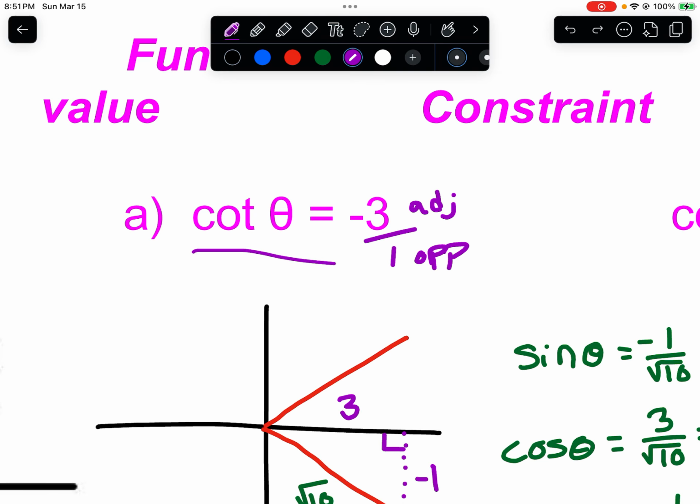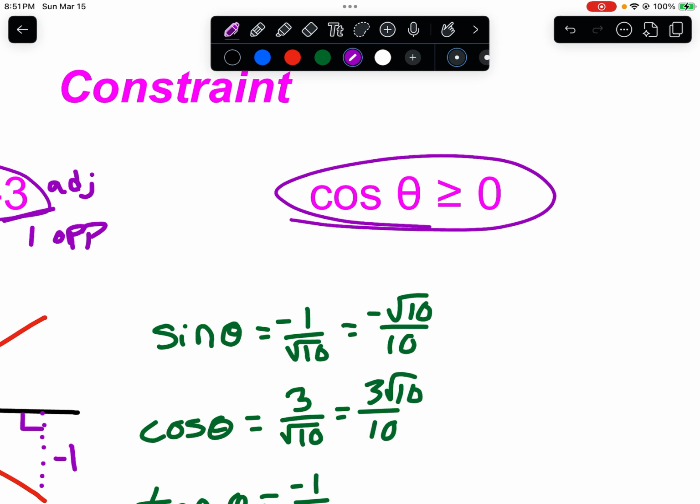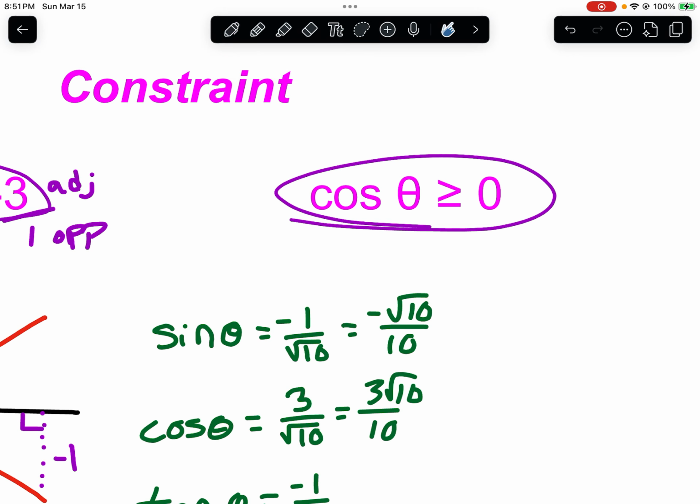So here, we're given that cotangent of theta is equal to -3. I put it over 1 so it helps me identify adjacent, opposite, which sides are which, and it'll help me label a triangle here. But we were just given this part, and then we were given a constraint related to cosine. So we know cosine is a positive value for this angle.